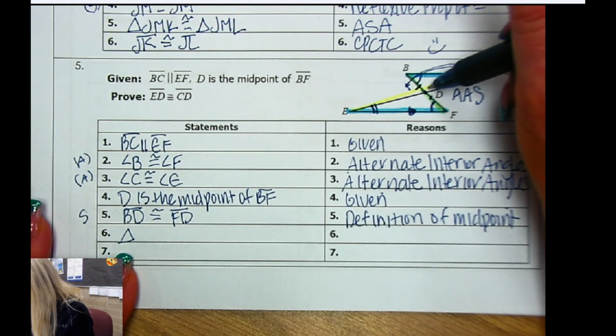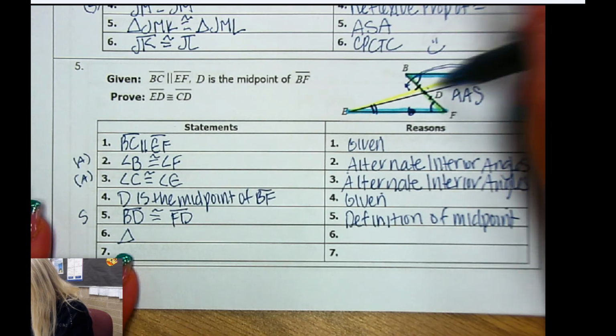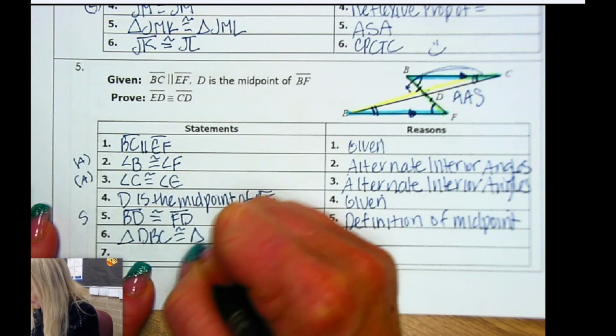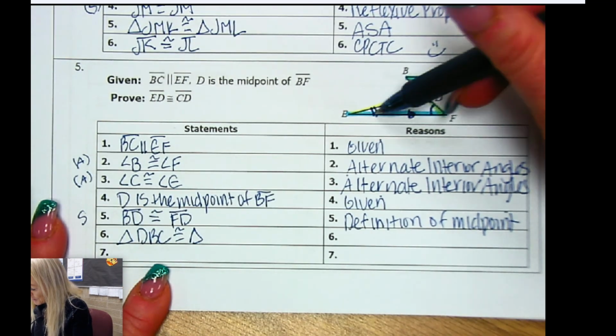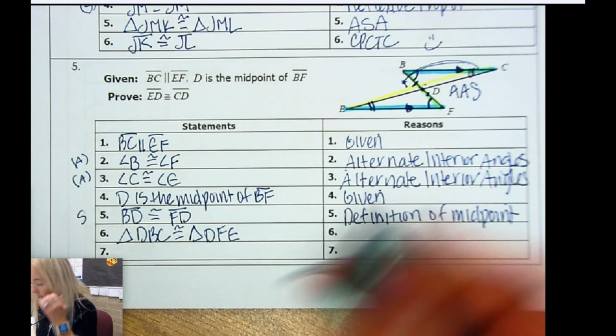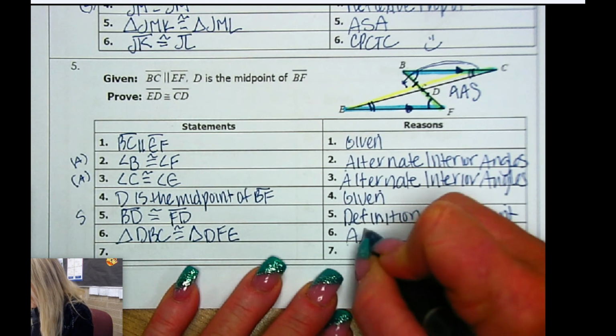How about none, 0, 1, 2 arcs? So 0 arcs, 1 arc, 2 arcs. So DBC is congruent to triangle, so we need to go from 0 to 1 to 2, so DFE in arcs. All right, so those are my congruent triangles, and that's by angle, angle, side.